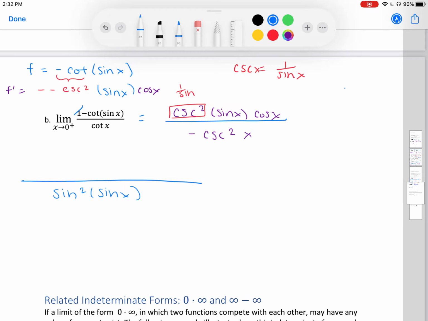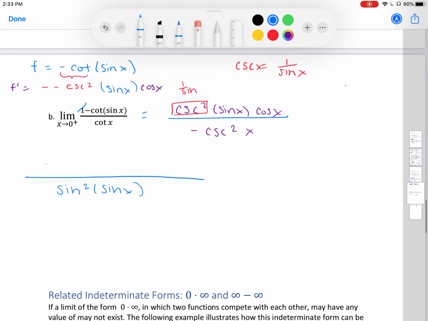And that cosecant squared in the denominator is now negative sine squared of x. And cosine of x, that never changed. That just stayed there. Now this looks a lot more familiar than it did before.